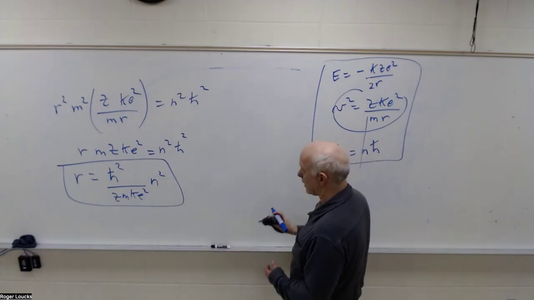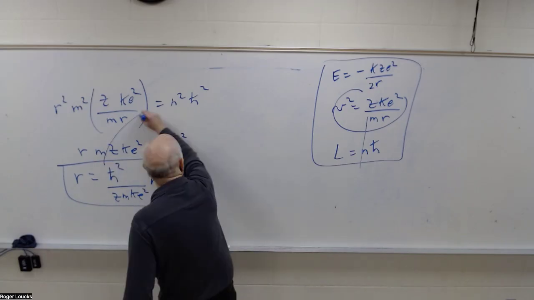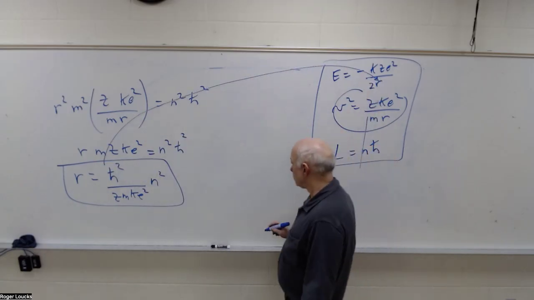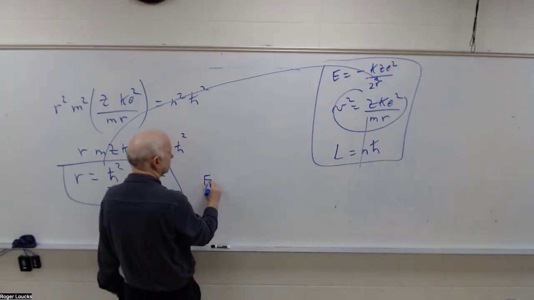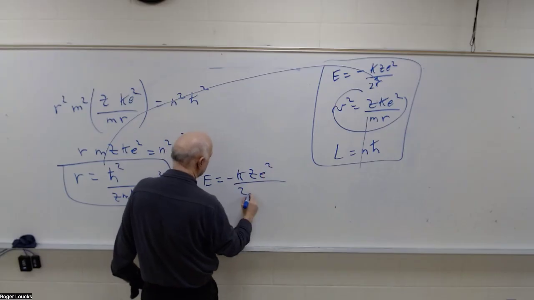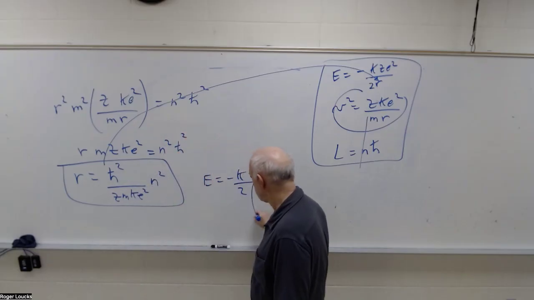Now what can I do with this R now? I can take this R and put it into here, into that R. And so what does that give me? That gives me E, which is this guy, over 2. Now my buddy R is here.